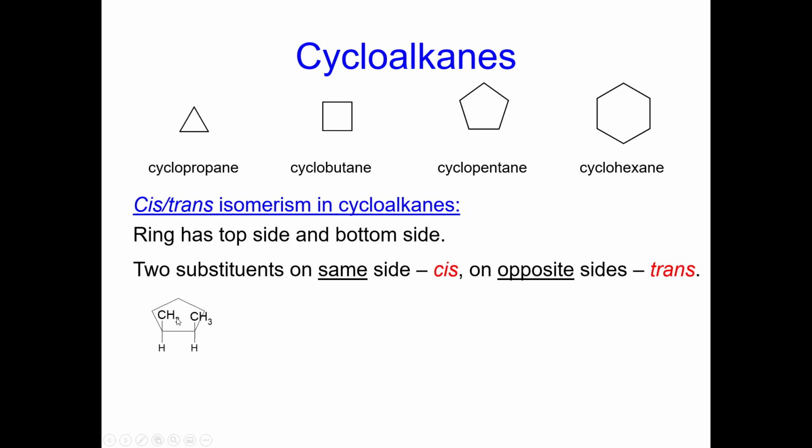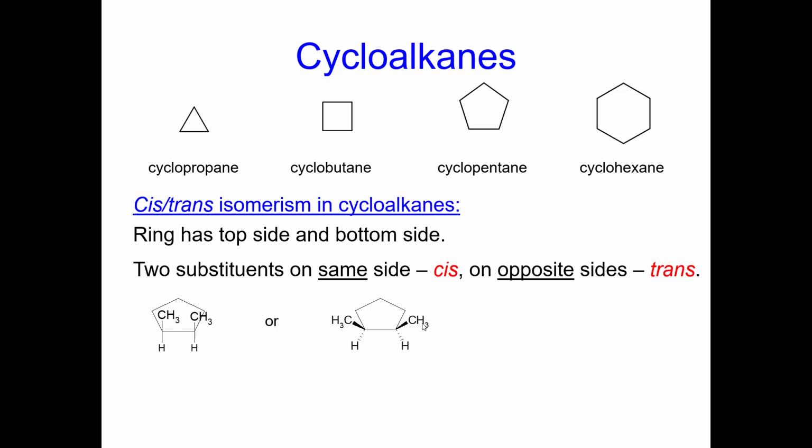The methyl groups here are on the same side, aren't they? They're on top of the cyclopentane ring. And if they're on the same side, they become known as cis. So this is cis and this is trans. They are facing, this is the same.